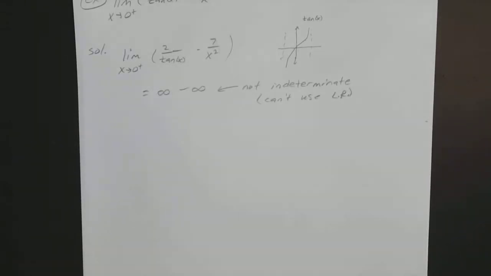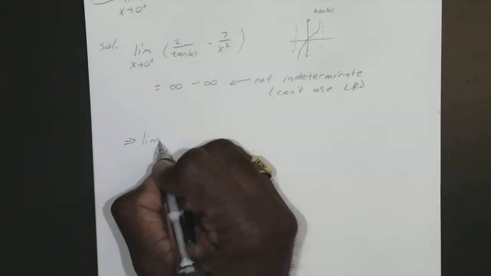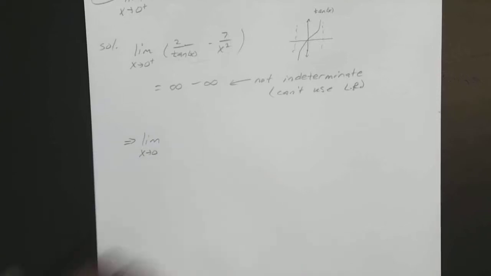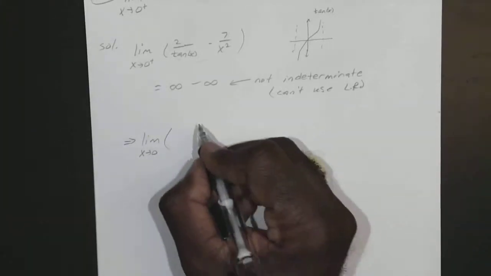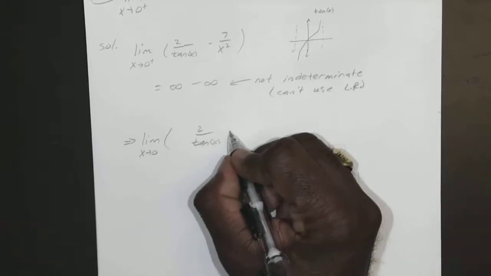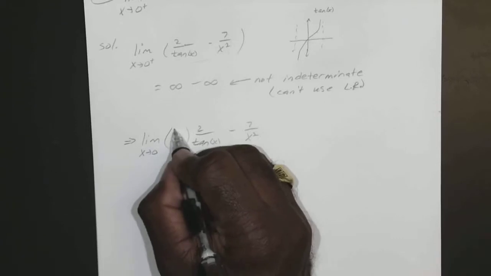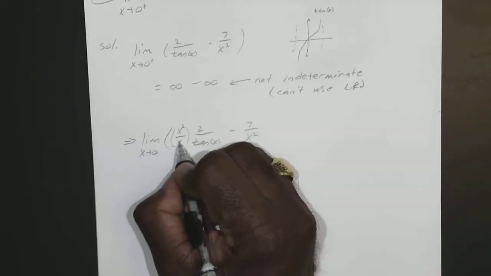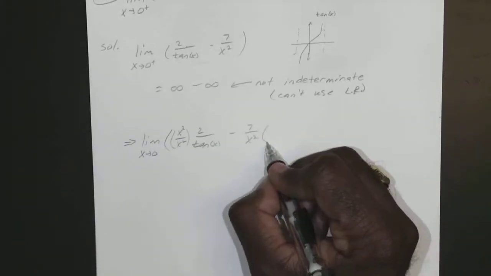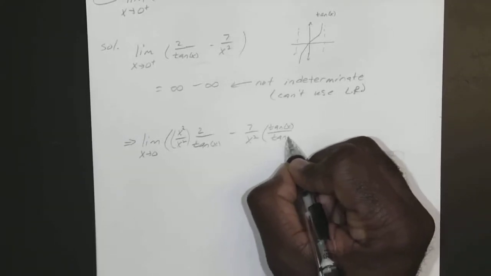All right. So since we can't use L'Hopital's rule, we just have to manipulate this a little bit. Okay. So if we have our limit as x approaches 0 from the right of 2 over tangent x minus 7 over x squared, you can multiply this one by x squared over x squared, and multiply this one by tangent of x over tangent of x.